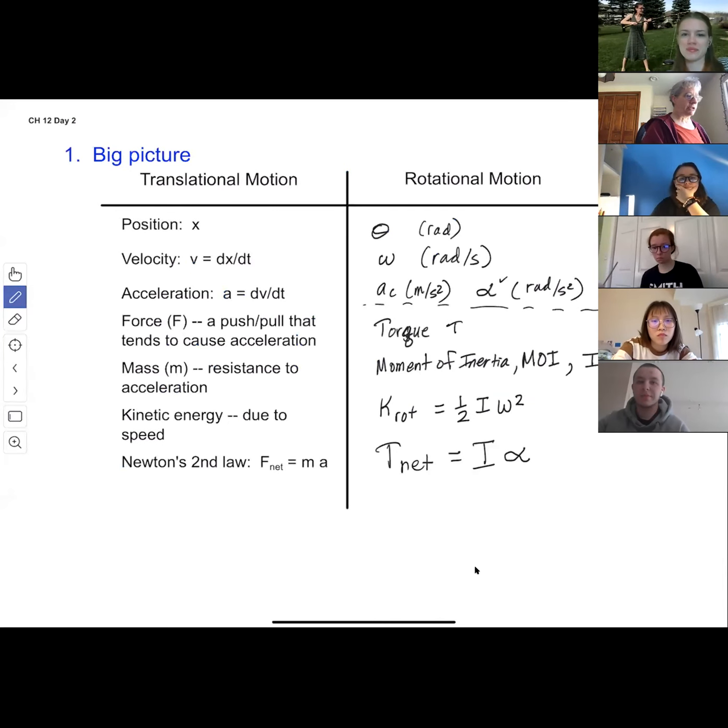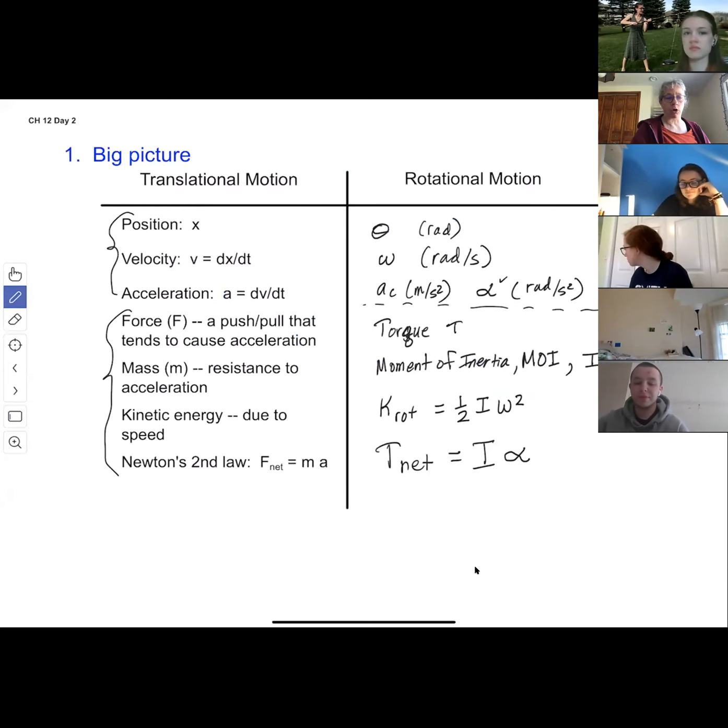So the big picture is that we've got a few new concepts that help us apply the older concepts of how we describe motion with position, velocity, acceleration, and how we explain motion using forces and mass and Newton's second law and conservation of energy or the work-kinetic energy theorem and things like that.